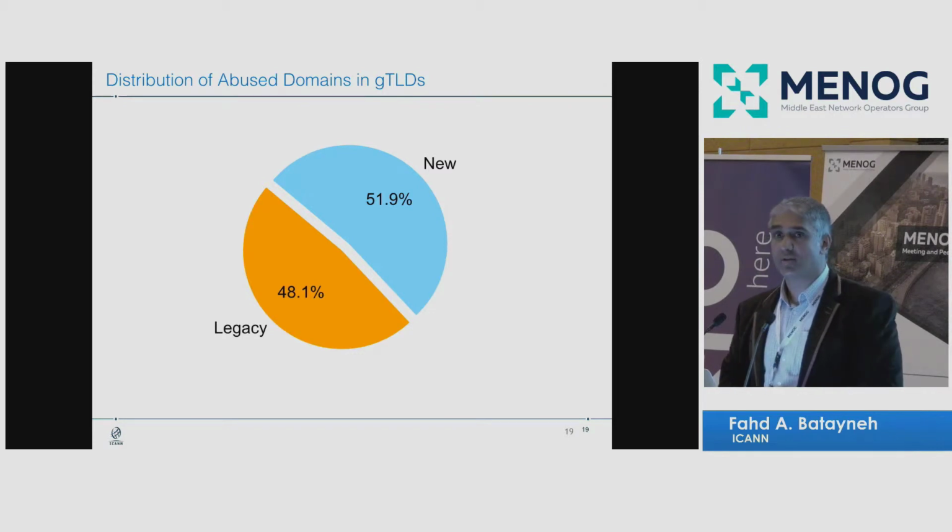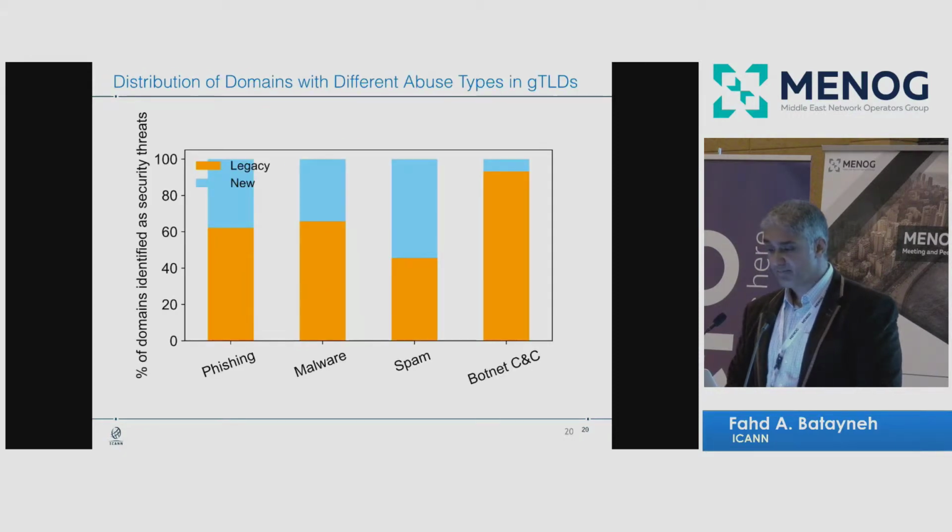And so the majority of the abusive behavior we have seen, well, it's not a huge difference. We're talking here about 50% under new TLDs versus 48% under legacy TLDs. Now, in terms of the 4 vectors that I mentioned, phishing, malware, spam, botnet command and control, we can see that in terms of spam domain names, it's almost 50-50 between legacy TLDs and new TLDs.